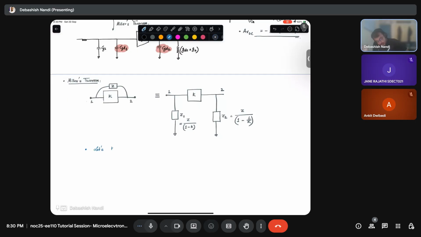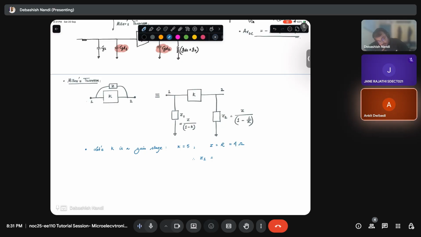Let's say K is a gain stage. That means let's say K equal to 5, and let's say Z is a simple resistance, let's say 5 ohm. So what will be Z1? Minus 5 by 4, or let's say 4 ohm.